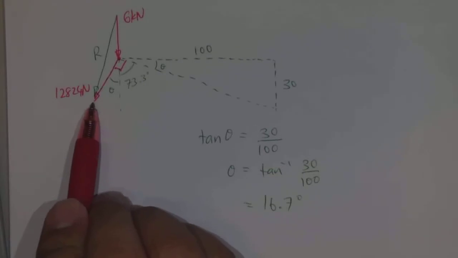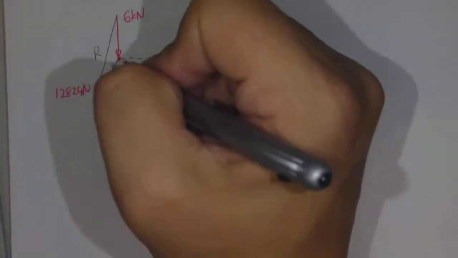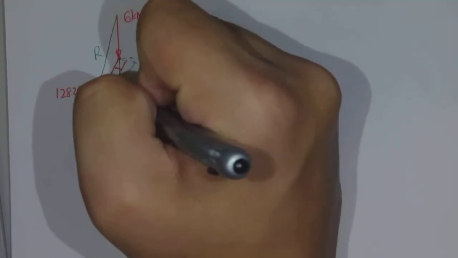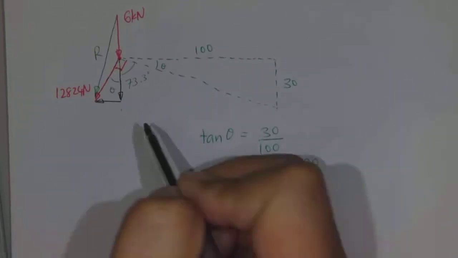Okay. So what we can do to find the resultant is basically we'll take this force and break that force into two parts: this part which is in the y direction, and this part which is in the x direction.